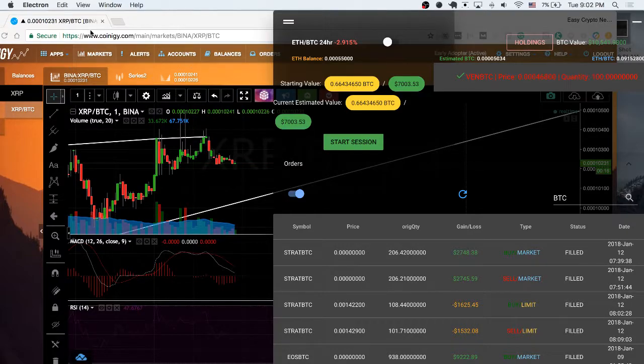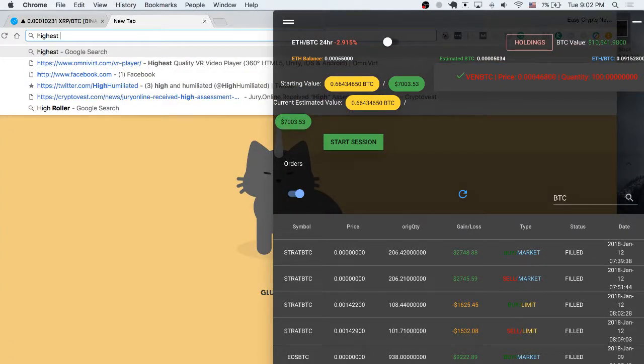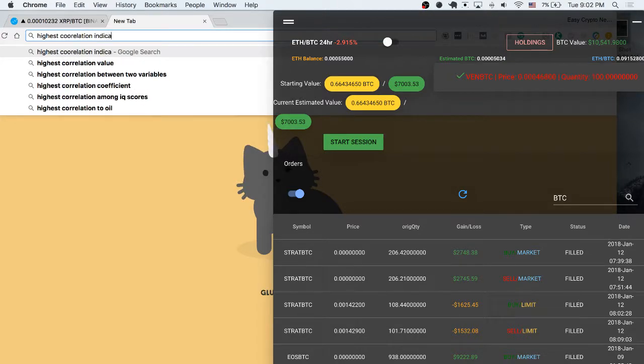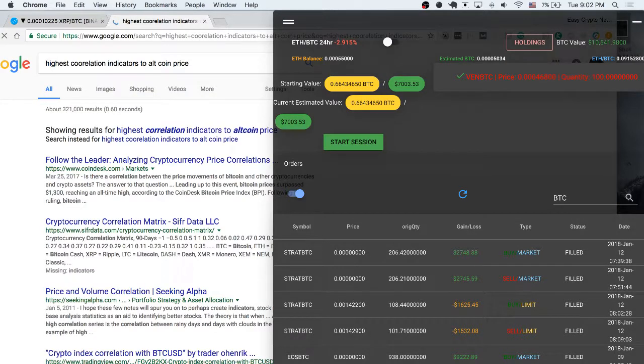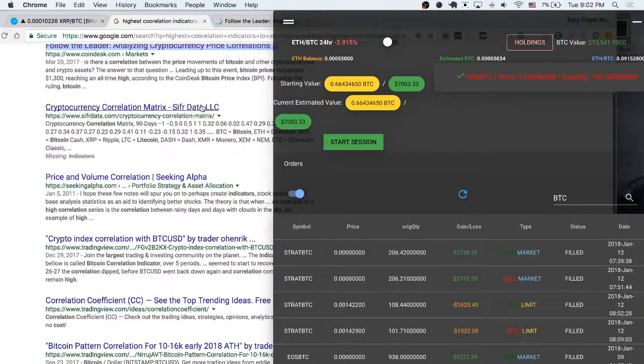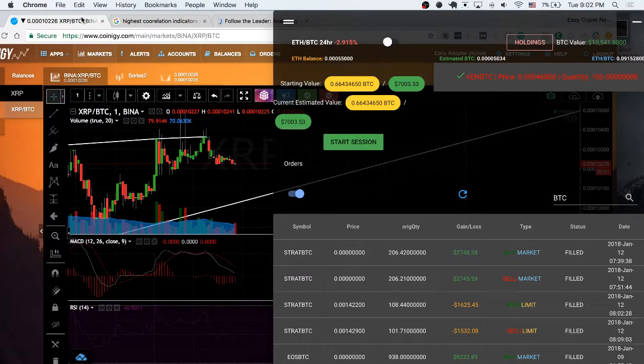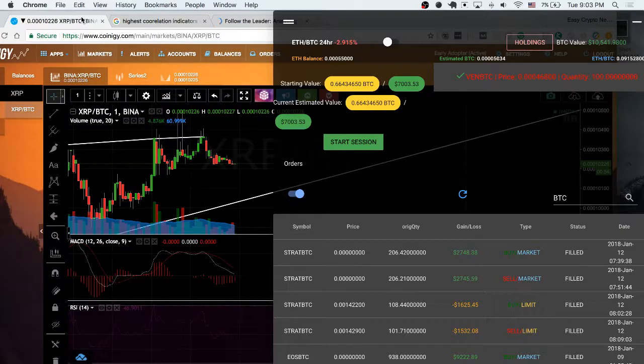I would do something like the highest correlation indicators to altcoin price. I could do research like that for sure, and then test that myself. So I understand what you're saying: you're saying pick 2 or 3 indicators as a starting place, because each time you add one, it gets a lot more difficult.